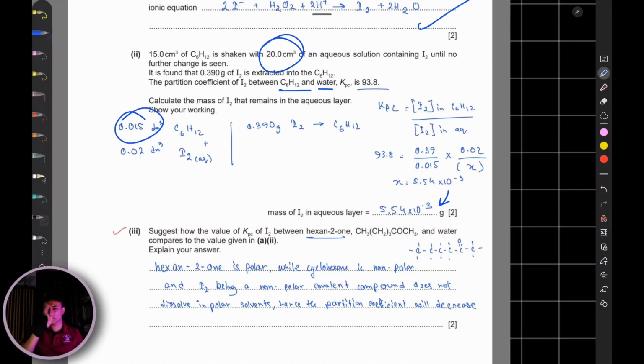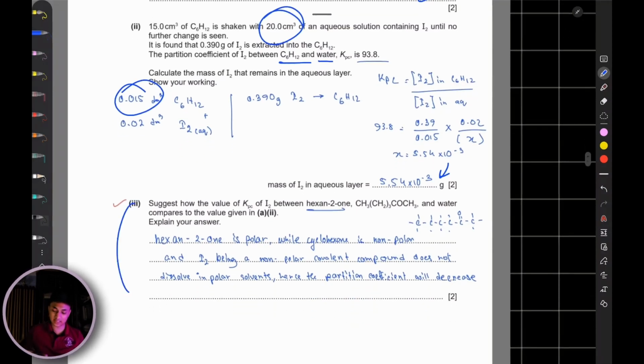O has partial negative charge, H has partial positive. Now, we have organic solvents like cyclohexane, for example. It is going to do a better job at dissolving non-polar compounds like I2. It is not polar, right? So, that is exactly what you're going to base your answer to the next question on.